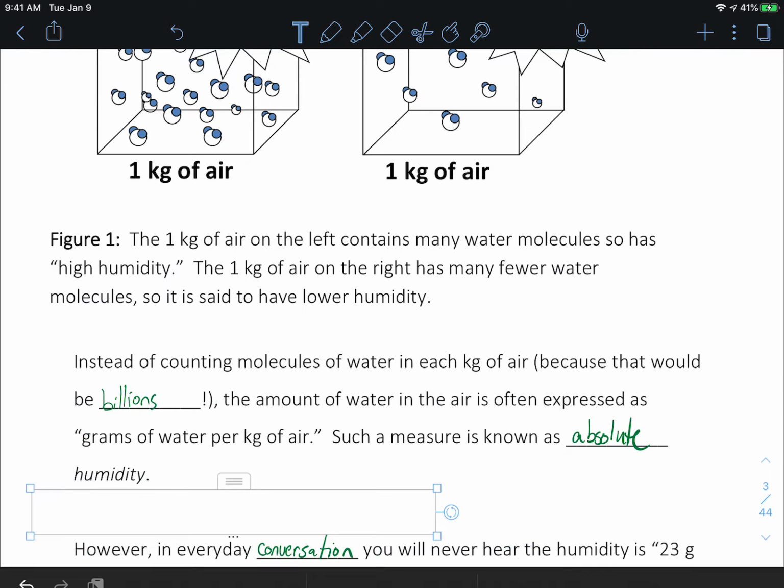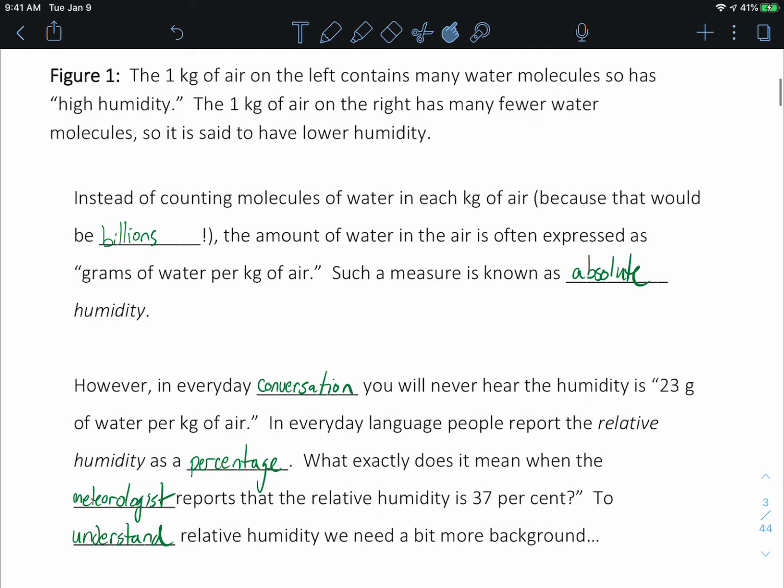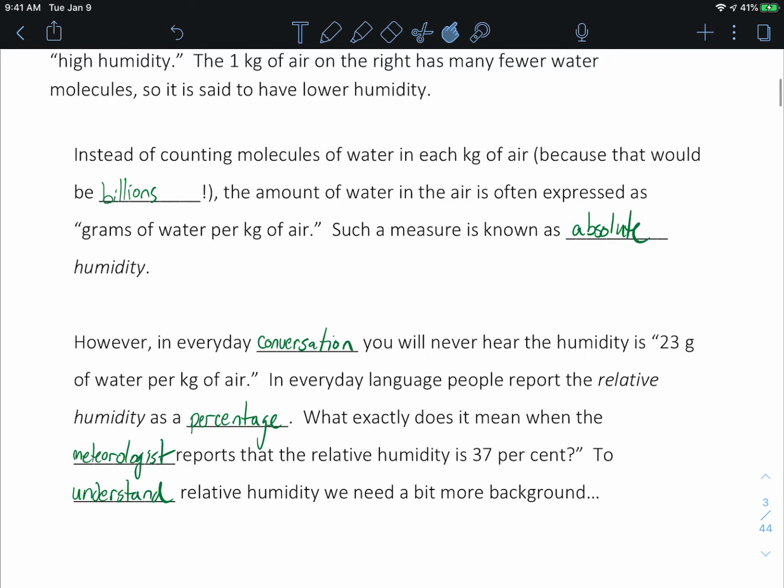So instead of counting molecules of water in each kilogram of air, because that would be billions upon billions of molecules, the amount of water in the air is often expressed as grams of water per kilogram, and this is known as the absolute humidity. However, in everyday conversation, we don't usually say, today really feels like 23 grams of water per kilogram of air.